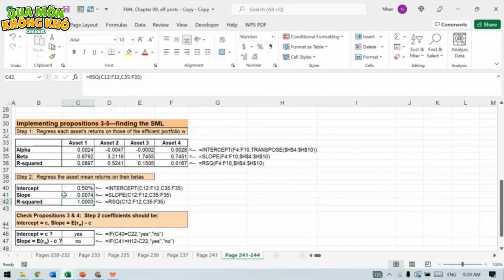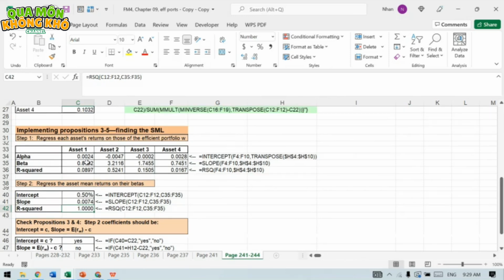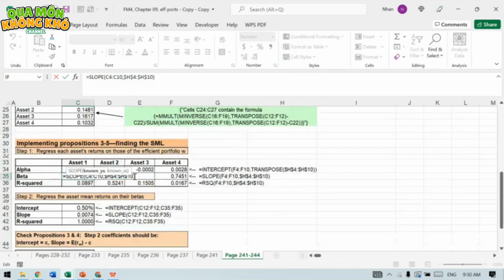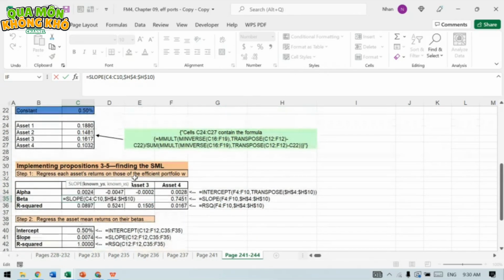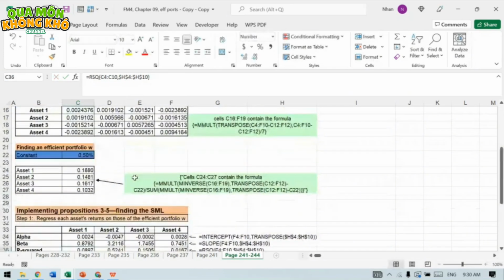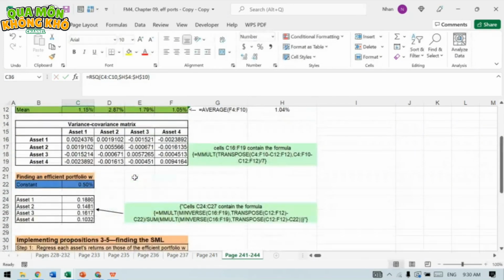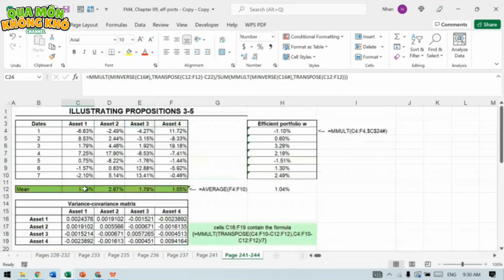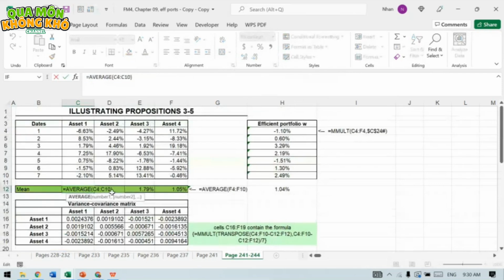So you can check those asset values, whether they are correct or not. The return of those assets, I use the average function.